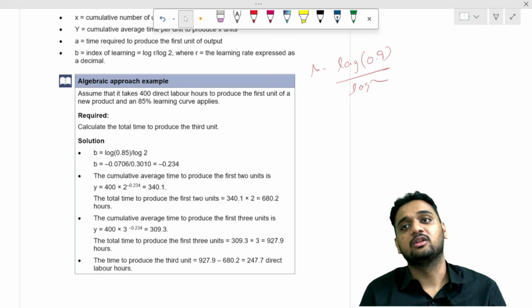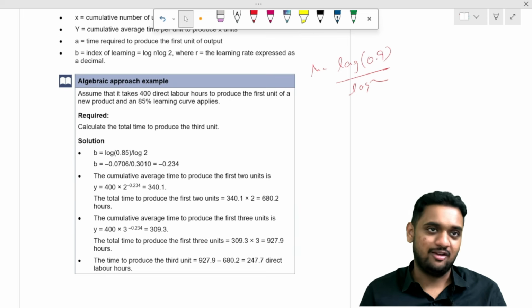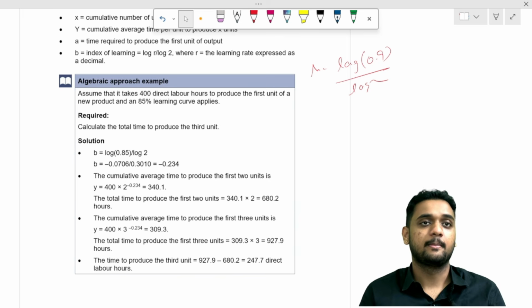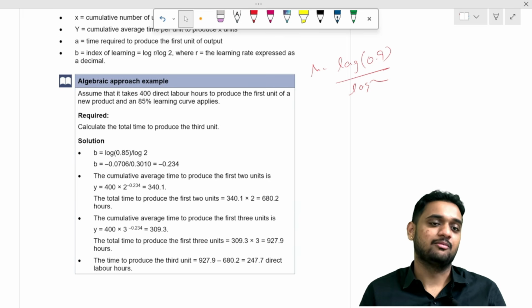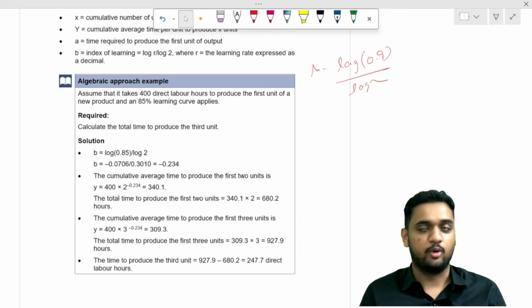How will you find the time taken to produce 2 units? You can either do 400 into 0.85, or you can use the formula. Using the formula, the cumulative average time is 400 into 2 to the power minus 0.234.